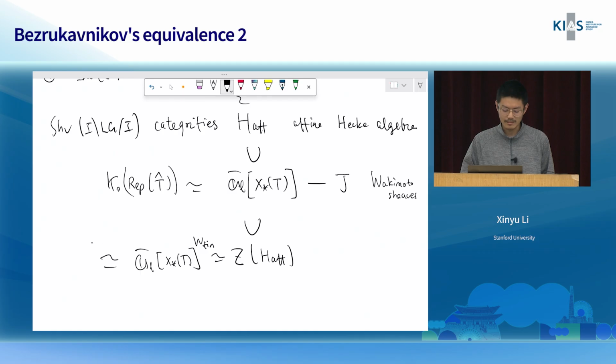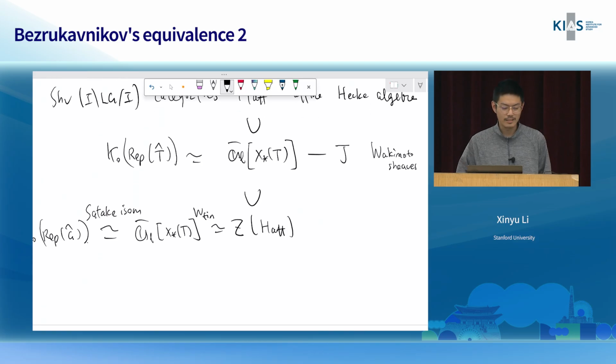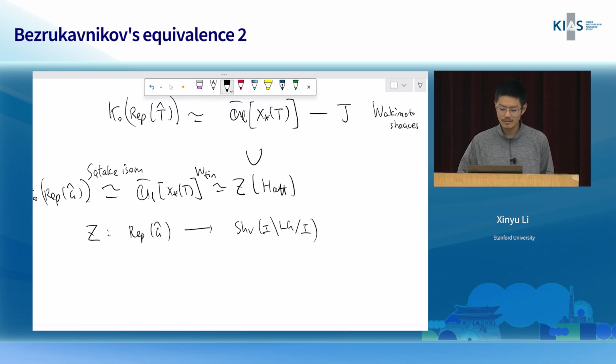Then by this so-called Satake isomorphism, you may view this as K0 of representations of G hat, the dual group. So a natural categorification of the central part would be a functor, which I denote by Z, from Rep G hat to the affine Hecke category. And I will briefly recall the construction of this functor, which is called Gaitsgory's central functor.